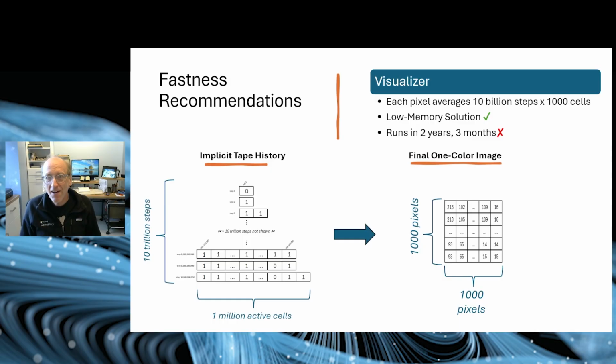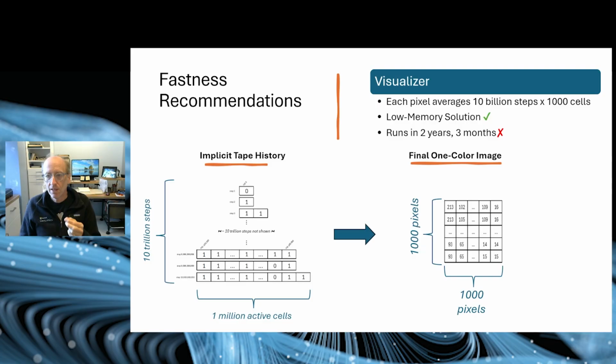Happily, I have a low memory solution that only uses memory proportional to the final output image. And our output image is going to be something like 1,000 by 1,000 monochrome pixels, where each pixel will be just a number between 0 and 255.